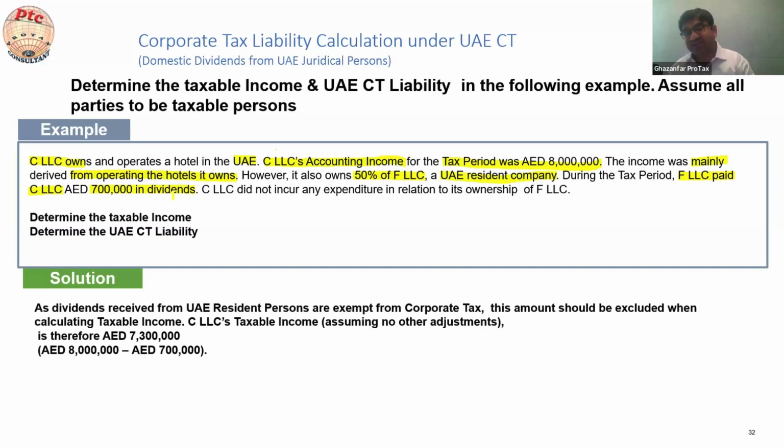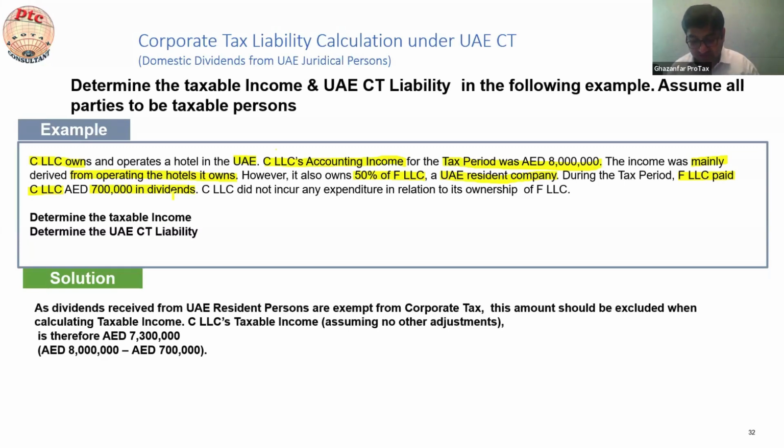Normally if you buy and sell shares, there is a brokerage fee, or bank charges, or additional charges that belong to the dividend or to the income that is exempt. If our income is exempt, can we deduct the income from our accounting profit, and leave the expenditure that belongs to exempt income in our accounting profit?